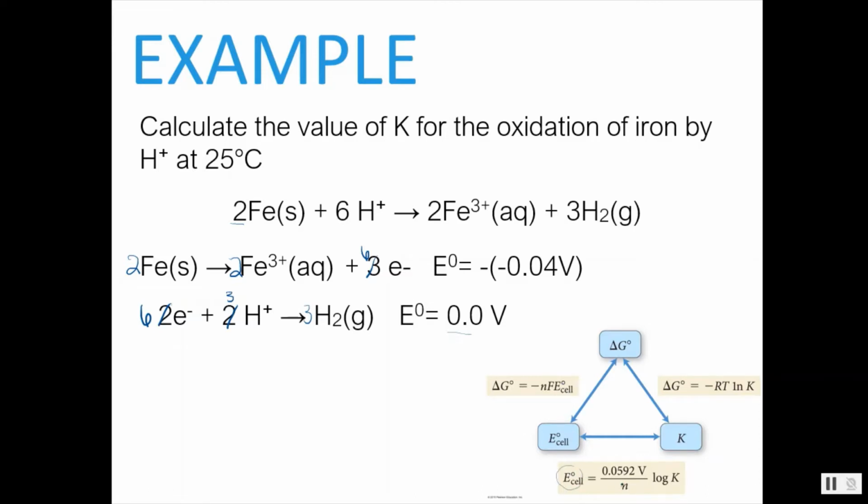We calculated E of our cell, so we should be able to find the equilibrium constant using this expression here. E naught of our cell is going to be equal to 0 minus negative 0.04, which gives us 0.04 volts for E naught of our cell.